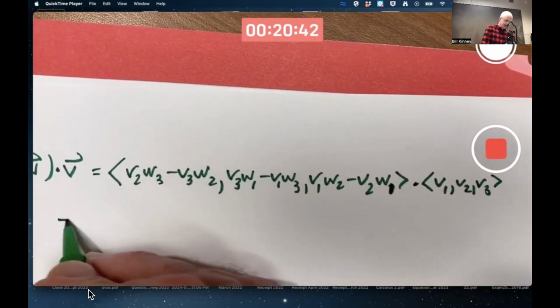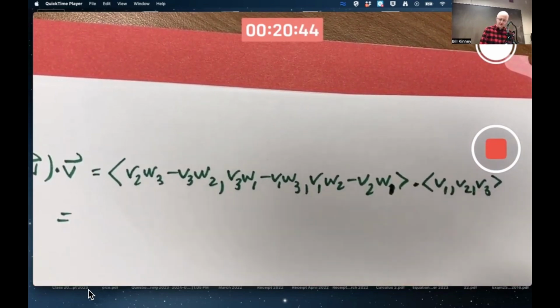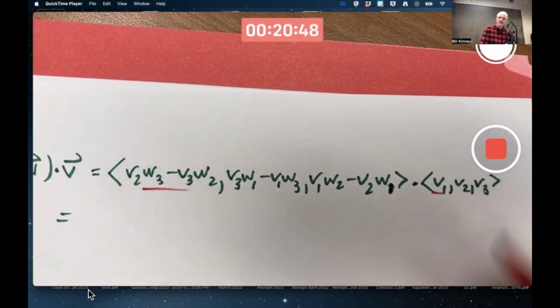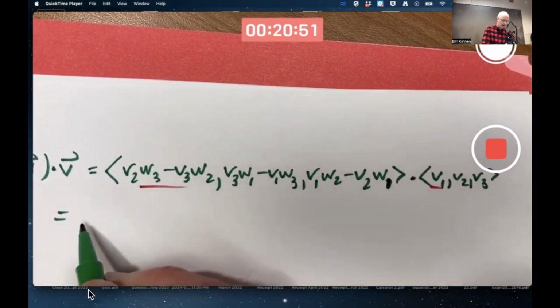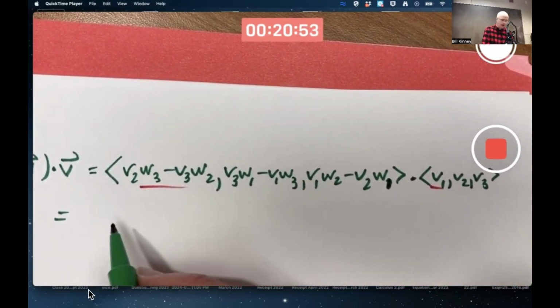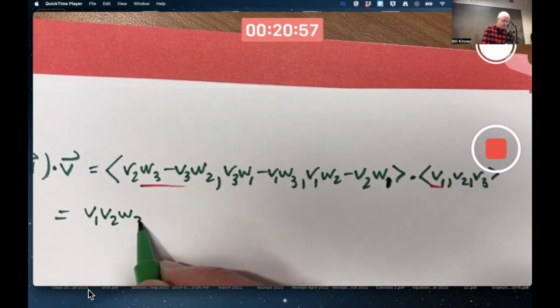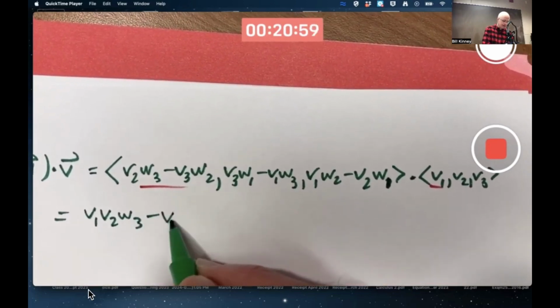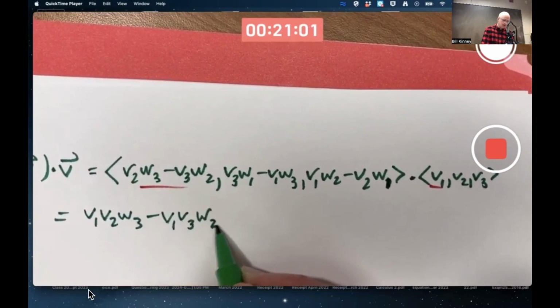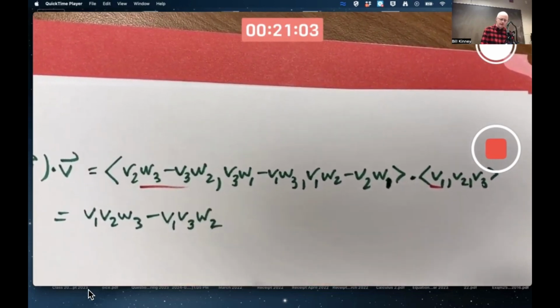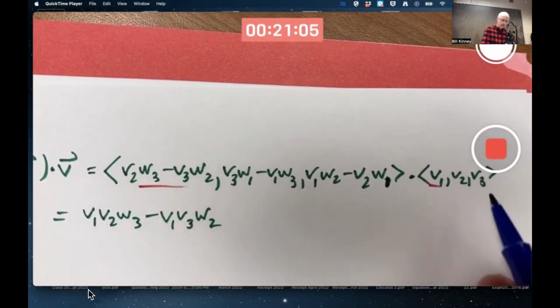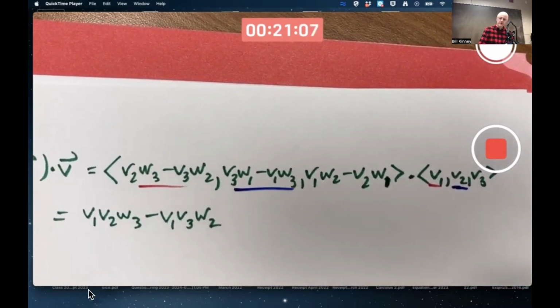All right, let's do this messy algebra. I got to do the dot product. So first I multiply these two things. I'll go ahead and do the distributive property right away. V1 times this is going to be V1 V2 W3. V1 times this is minus V1 V3 W2. Then do the product of the second components.